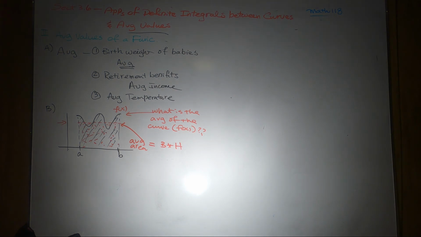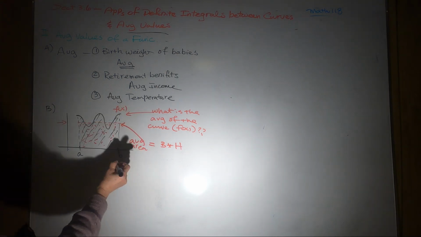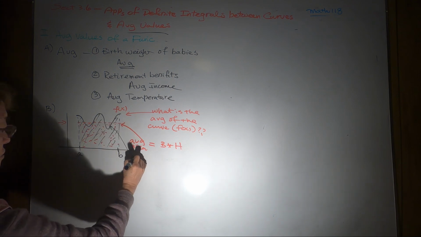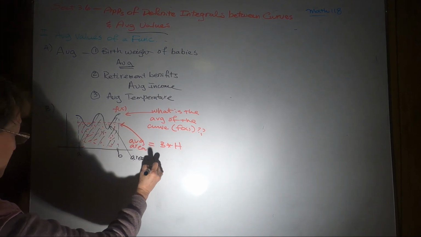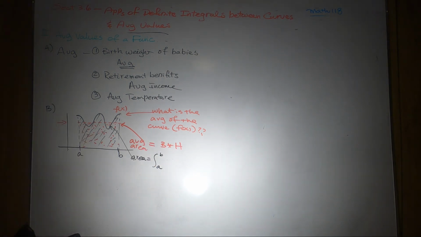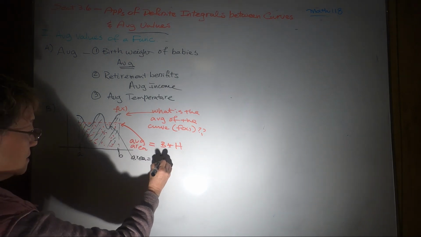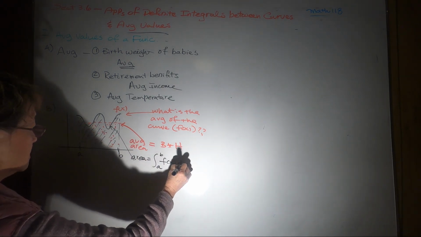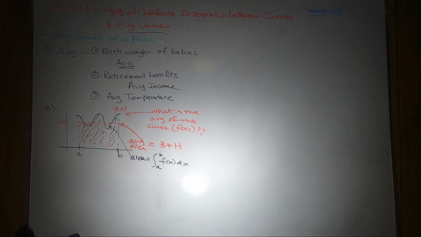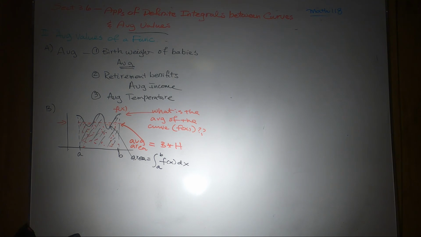Right? Then for the black area underneath the curve, the original area will be what? We say the antiderivative of the function. That was that one. Right?